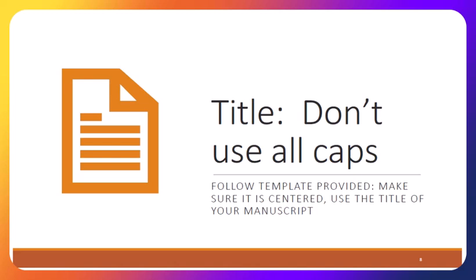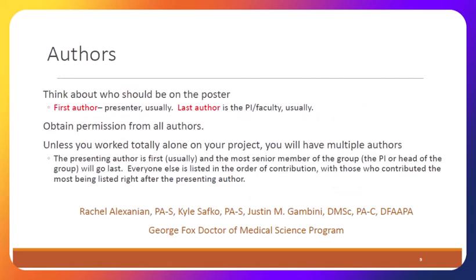There is a template that you can take a look at, but feel free to also, with the permission of your team, have some creativity. For your authors, again, you're the first author.